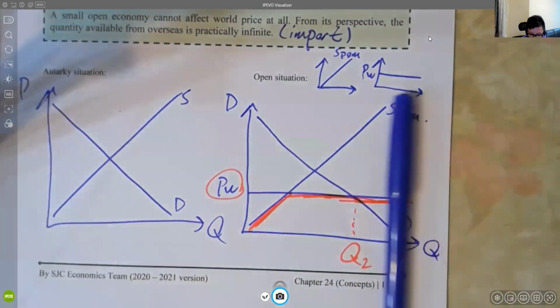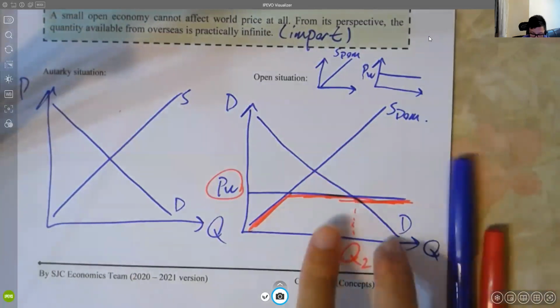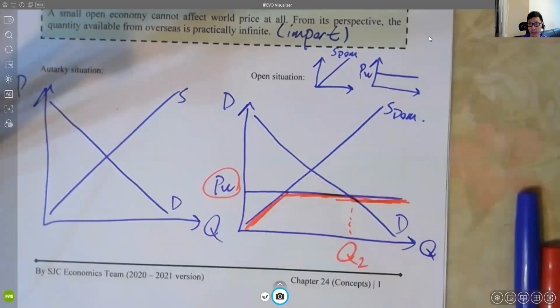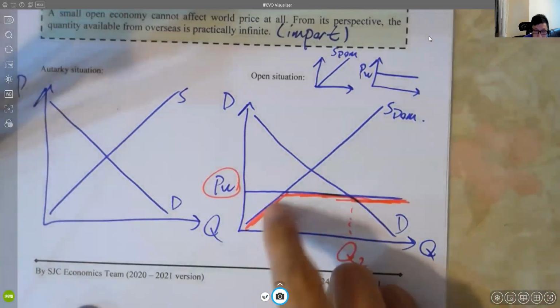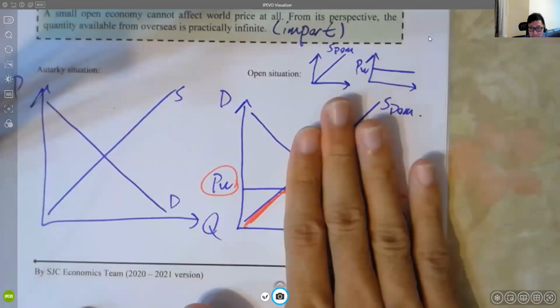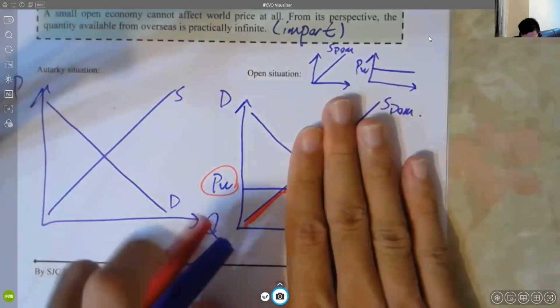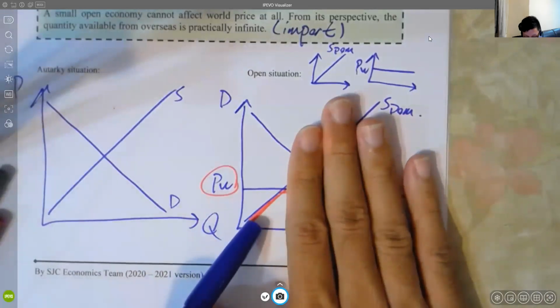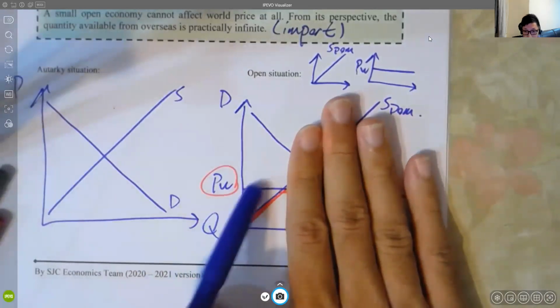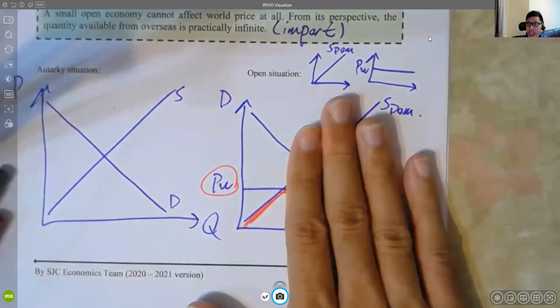Now, what is going on here? You see there are two curves in play. How do we analyze these curves? First of all, let's look at the front part. This is the local supply. Local supply here, world supply is right here. Which one is cheaper?